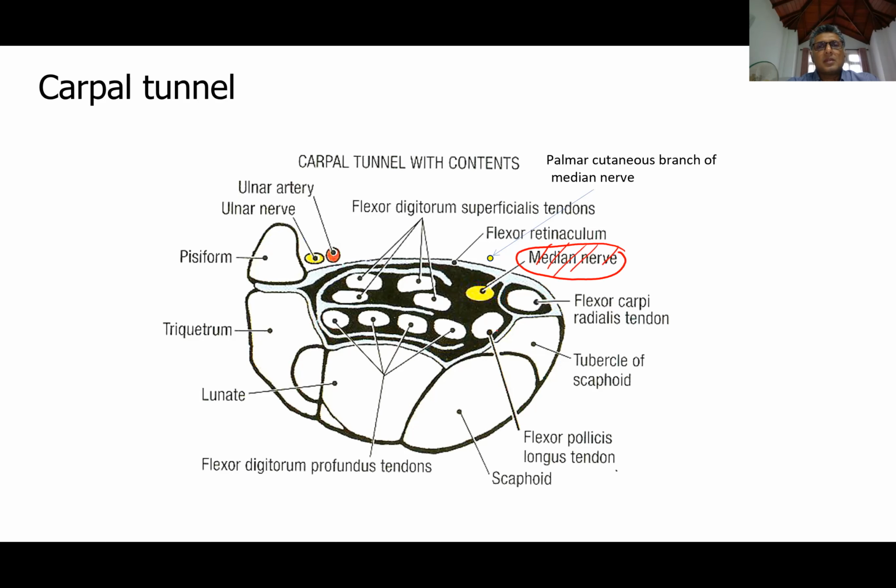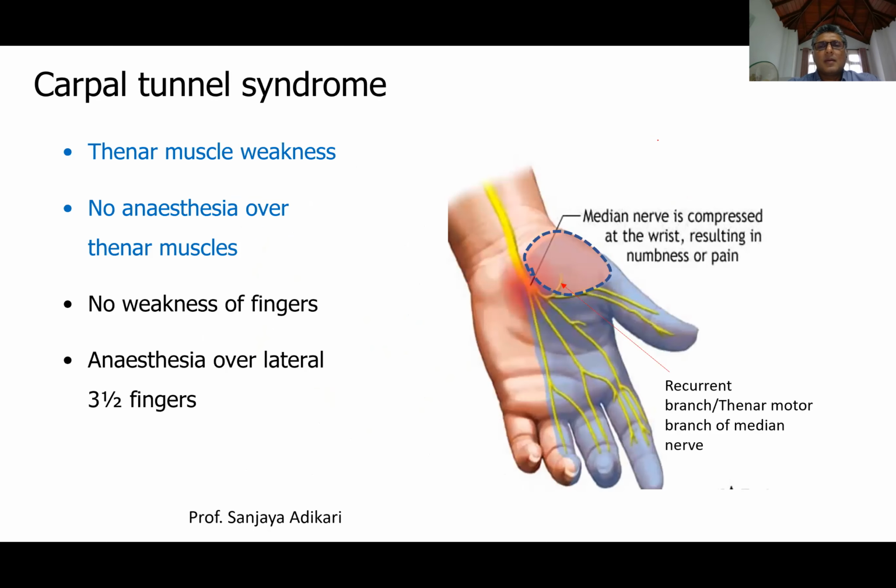The clinical picture, the anatomical point here, is that the clinical picture is not very straightforward, because one thing is that the ulnar nerve is spared because it passes superficial to the flexor retinaculum, and the other point is the palmar cutaneous branch of the median nerve is spared because it passes superficial to the flexor retinaculum, and the palmar cutaneous branch happens to supply the skin over the thenar eminence.